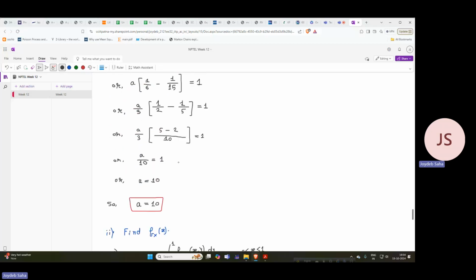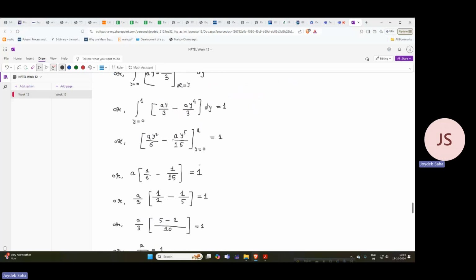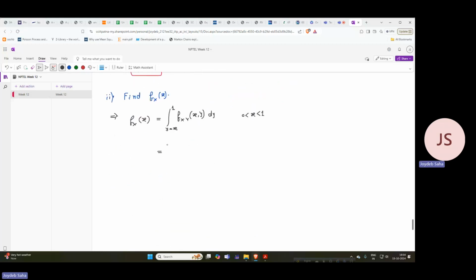So what is f of x, y? A x square y, and the value of A is 10. So this is the integral from y is equal to x to 1 of 10 x square y dy, for 0 less than x less than 1.